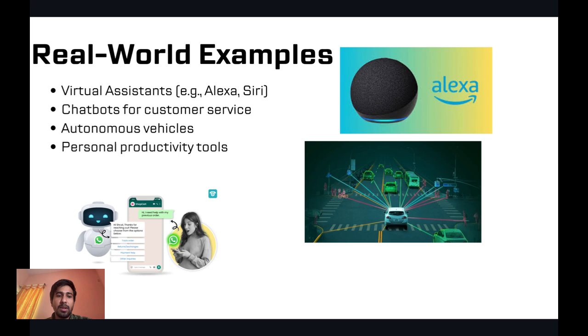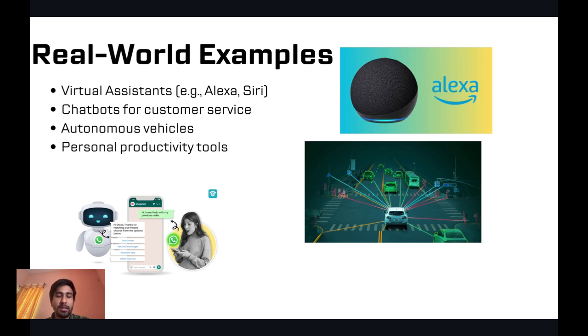And real world examples are virtual assistants like Alexa and Siri. Initially they were based completely on an NLP based framework, which was able to pre-process human language. But currently they have been improving, so they can now behave more like autonomous agents, and they can decide and improve themselves based on user interactions.